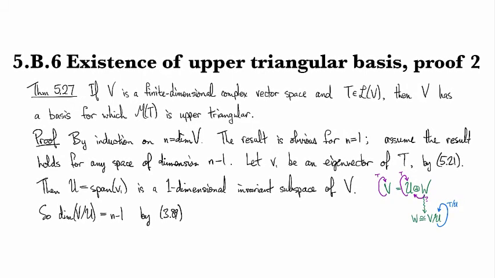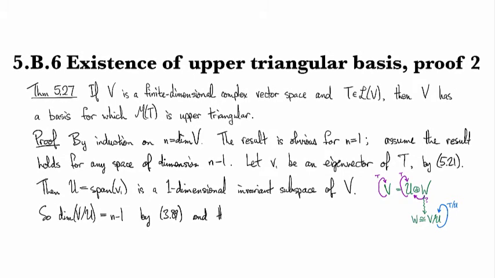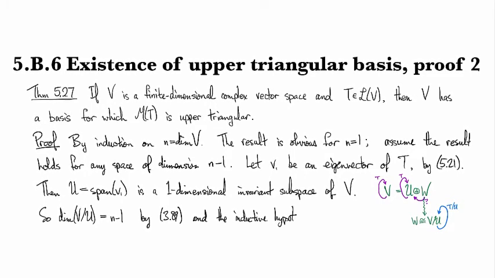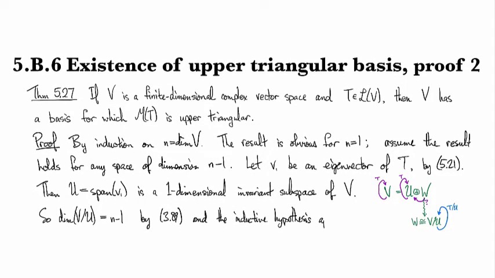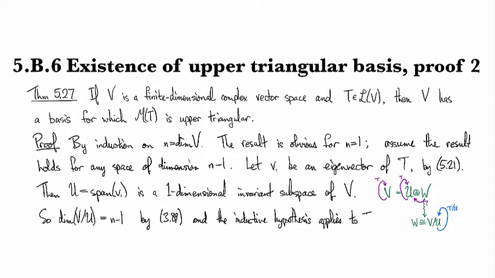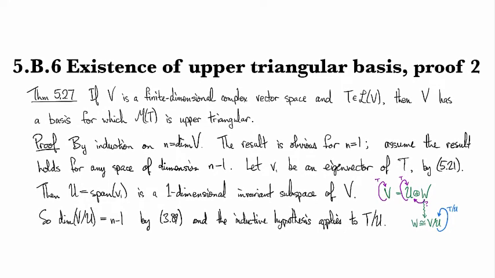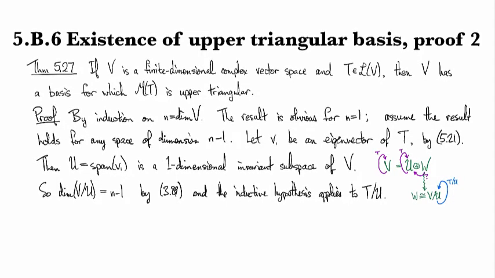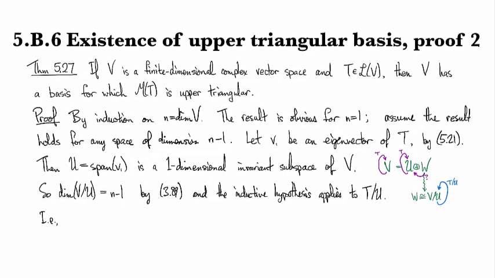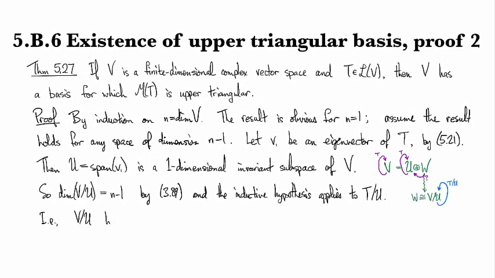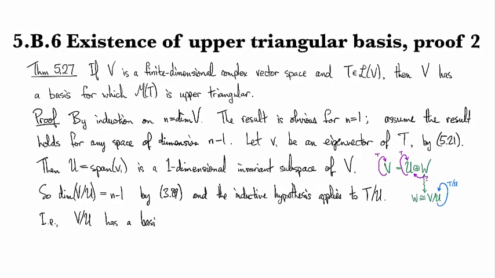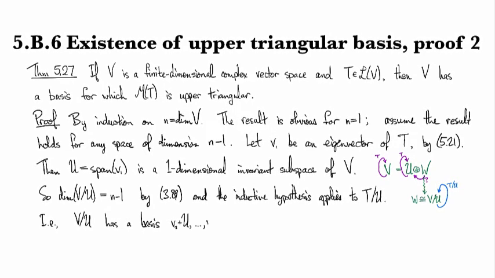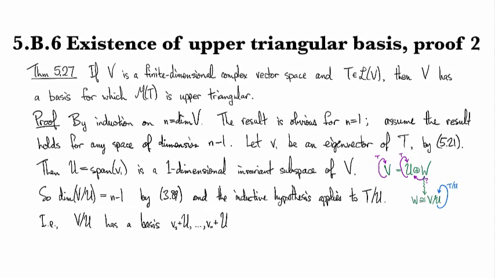And so that means our inductive hypothesis applies to this operator T mod U, which is an operator on V mod U. And so, in other words, that means that V mod U has a basis, and we'll call it V2 plus U up through Vn plus U, because that's what elements of the space look like.